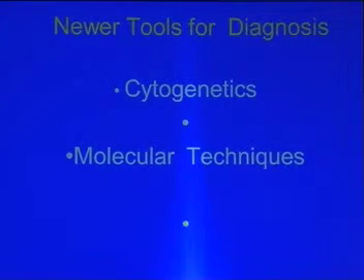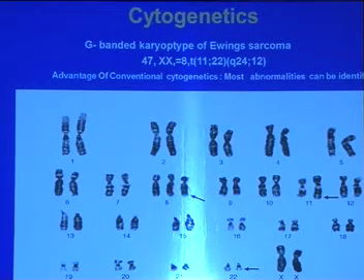Dr. Rosenberg did mention cytogenetics and molecular techniques, and I'm going to allude to them very briefly. Conventional cytogenetics is where you take live tissue and make a culture, like you make a culture of any infective material.